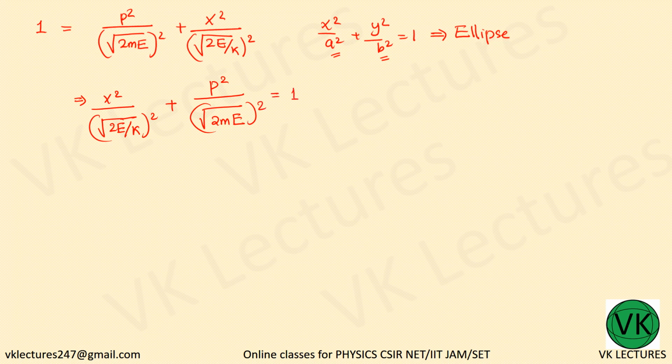So this gives us a, the value of a is equal to root of 2E by k, and b is equal to root of 2mE. Now this a is the semi-major axis and this is the semi-minor axis.